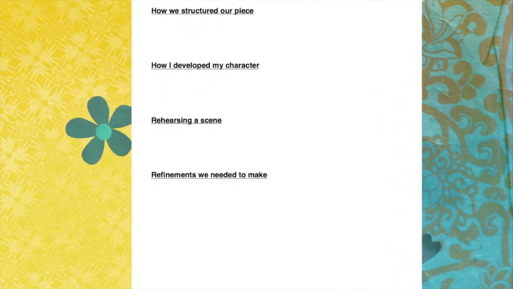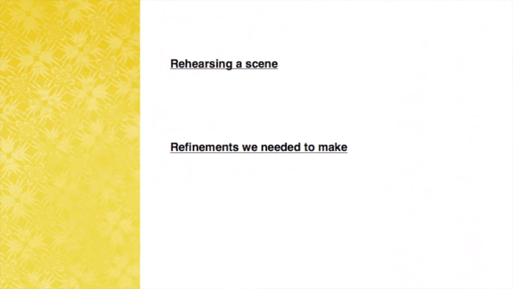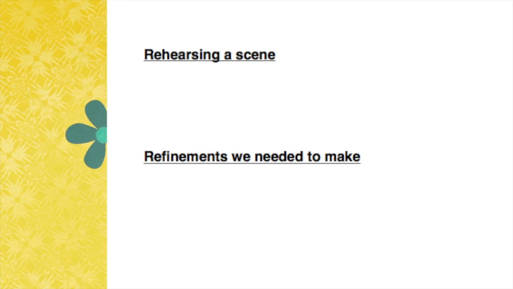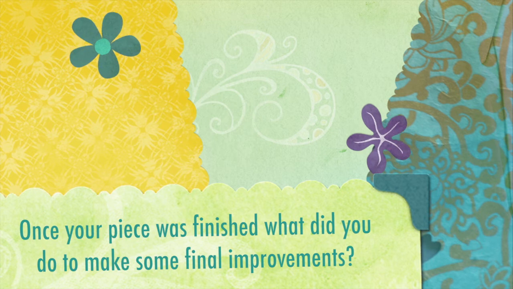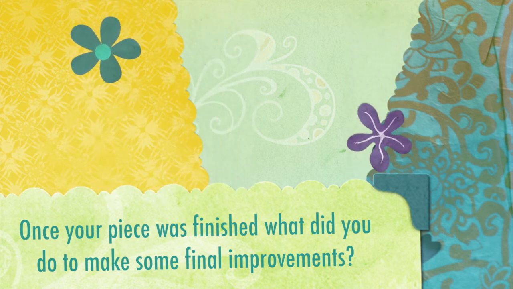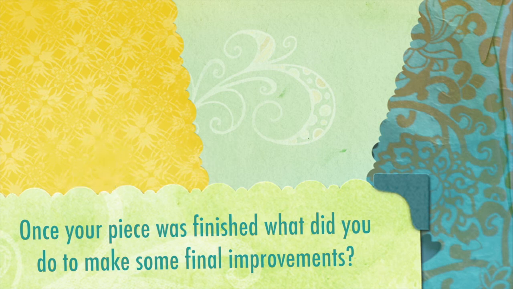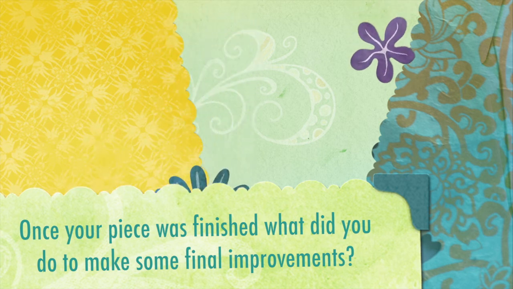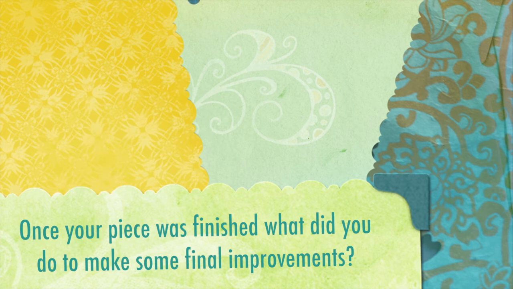So going back to our essay plan, we can now give ourselves a tick for the third little chunk and move on to the last part, which is about those last minute tweaks and improvements we made before the performance. Most of what you're writing about here are going to be those last minute changes that maybe weren't made until that very last day when you were off timetable in the theatre, getting your piece completely ready for the audience.